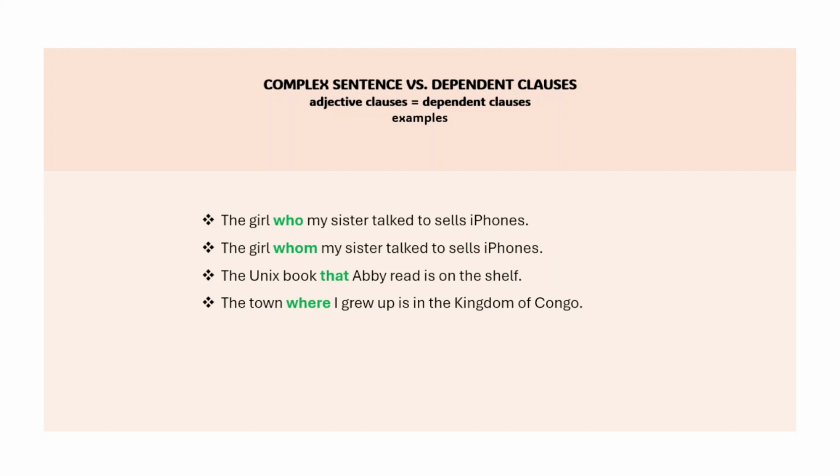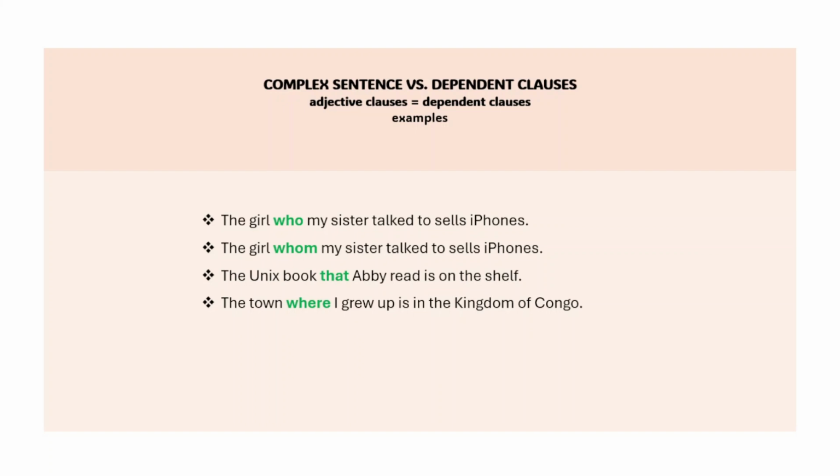The girl who my sister talked to sells iPhones. The girl whom my sister talked to sells the iPhone. The Unix book that Abby read is on the shelf. The town where I grew up is in the Kingdom of Congo.